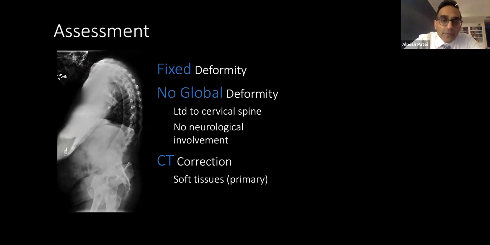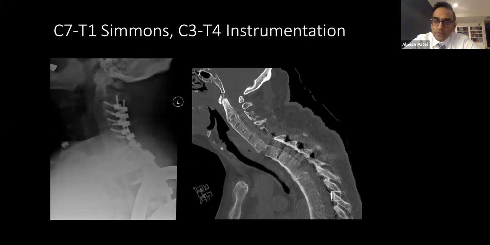With that in mind, I didn't think there was a global deformity. I thought we could focus on the cervical spine. I thought his problem was not in the middle of the cervical spine, so a cervicothoracic correction was probably the better answer, rather than trying to think about an intracervical correction. And he had a primary soft tissue envelope, so we were able to do this without plastics involvement.